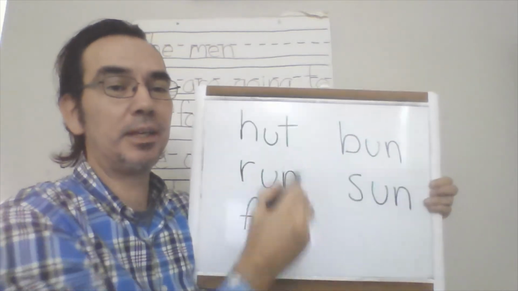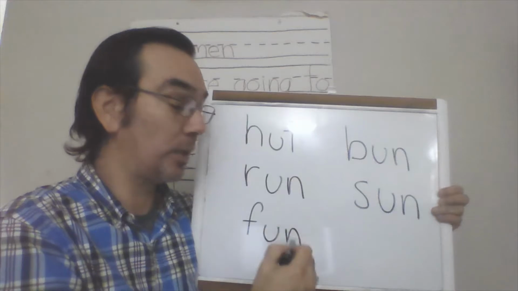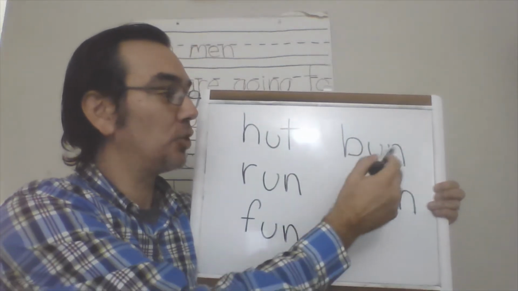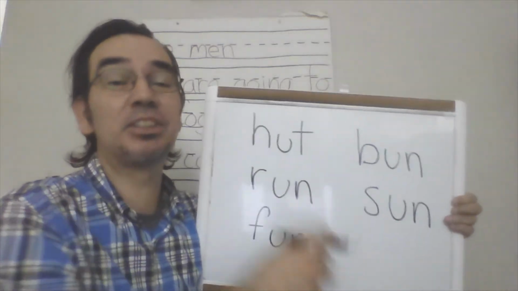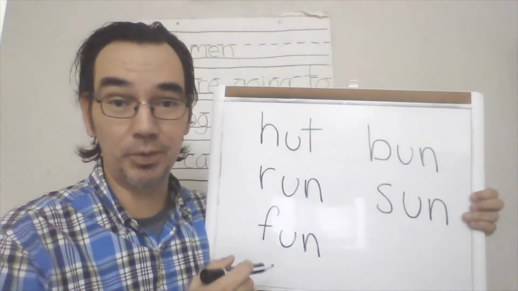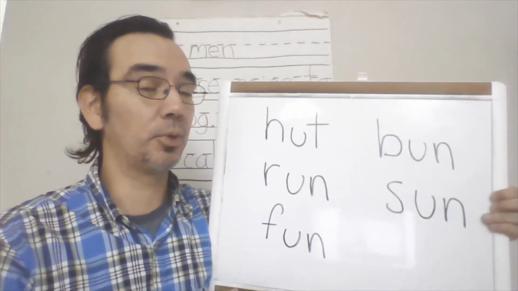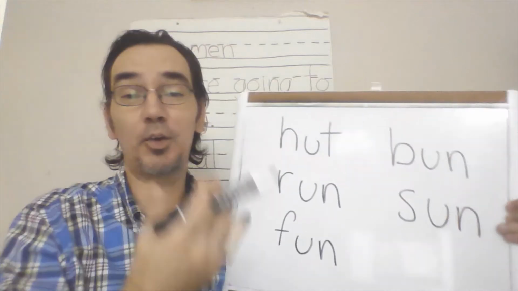Hut, H-U-T, run, R-U-N, fun, F-U-N, bun, B-U-N, and sun, S-U-N. And remember, this is sun like sun in the sky. Now, if you notice, these are short U words. So we have some short U word practice in our spelling words.